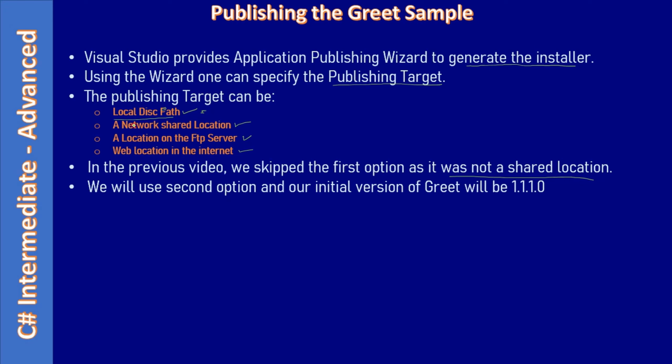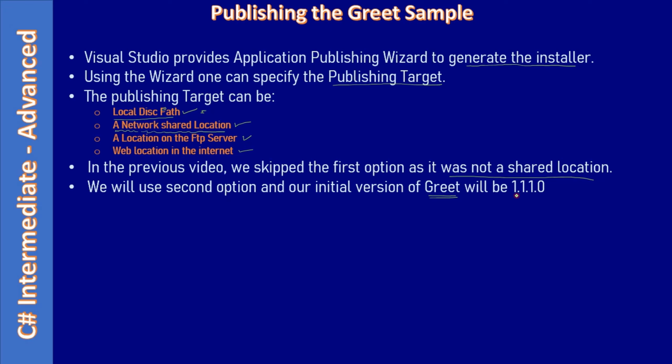That means we will use the network share location to publish the application, and the exe we are going to create is greet.exe. It will be a simple application which will collect a user input and display a message box.